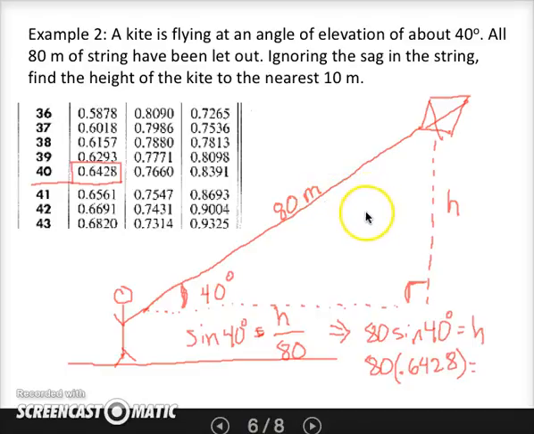The number that I'm getting is 51.4 something something something. But remember, I'm being asked to find to the nearest 10 meters. So I don't even have to round off to 51. I can use this tens place, which is less than 5, and I can round off to 50 meters for my answer.